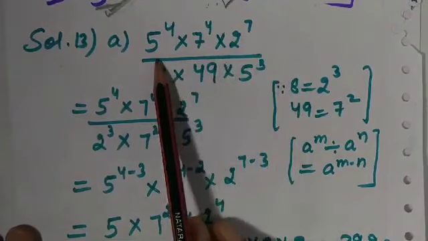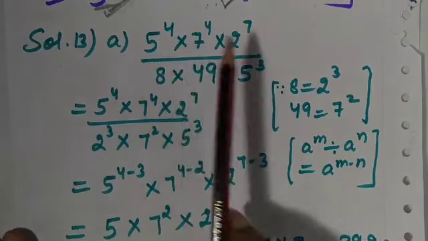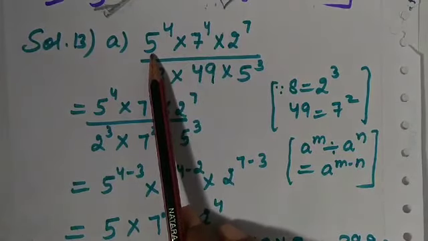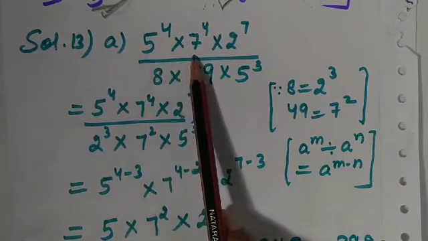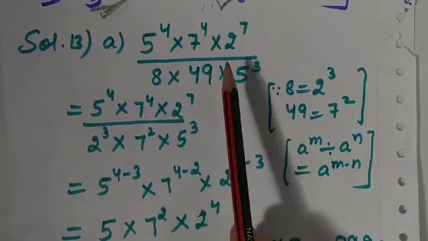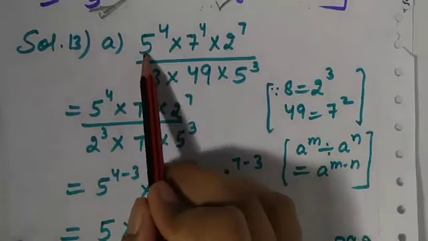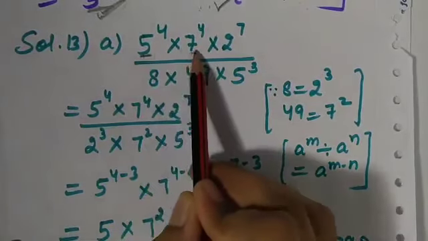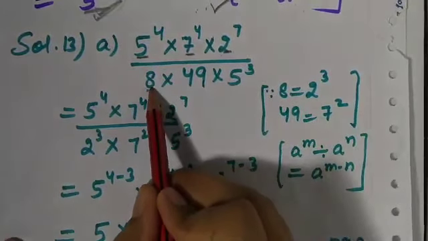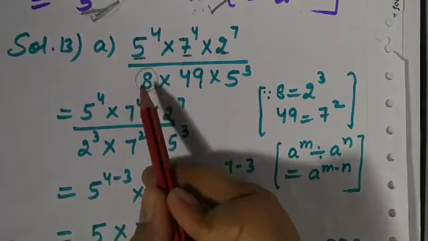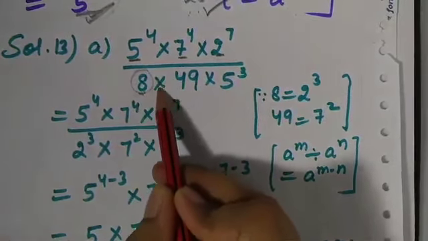Now first thing, in solving an expression you have to keep in mind that first we have to convert each number into powers of prime. So let us consider that step. This is already a prime, this is also a prime, this is also a prime, so they remain the same. Now come to this number 8. This is not a prime number, so I have to convert it into powers of prime.